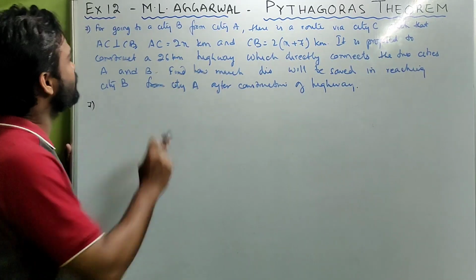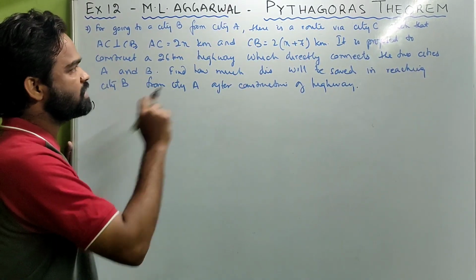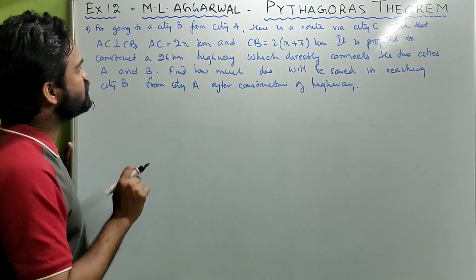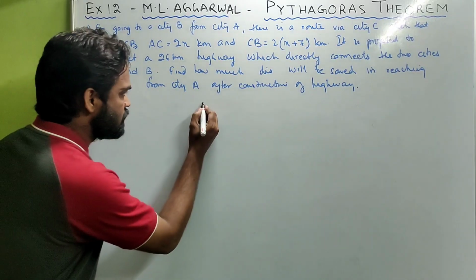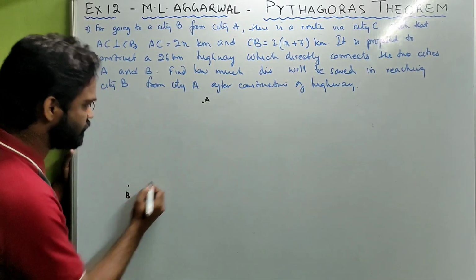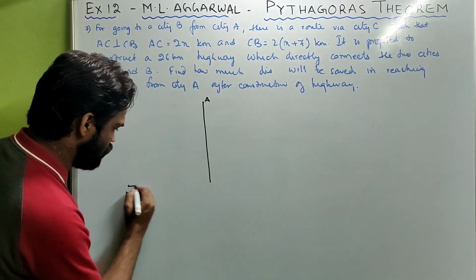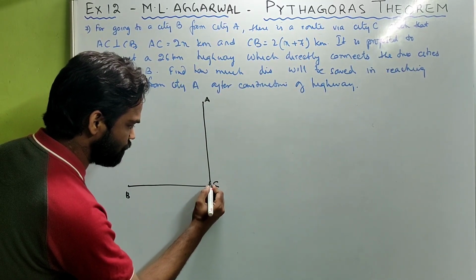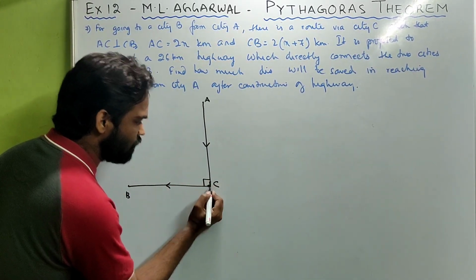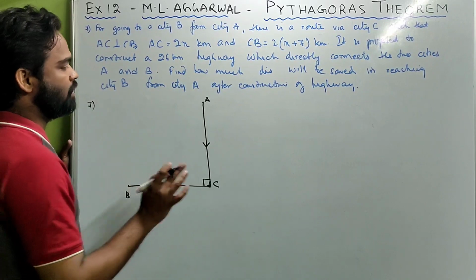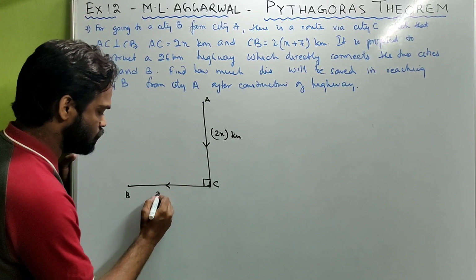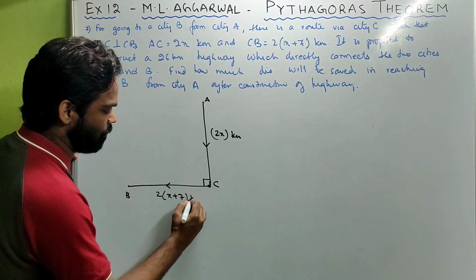Now look at number 7. For going to a city B from city A, there is a route via city C such that AC is perpendicular to CB. Suppose you live at A and you want to reach B, then you first go to C, and then via C you reach B. AC is 2x kilometer and CB is twice of x plus 7 kilometer.